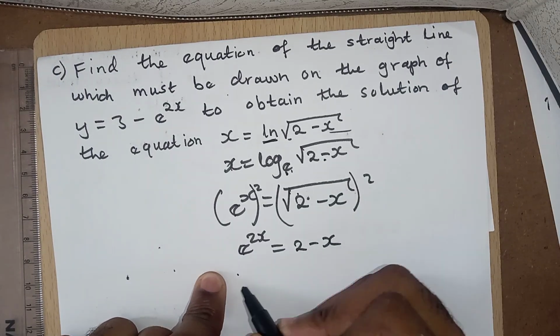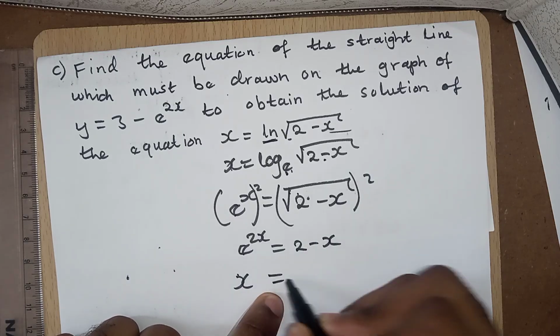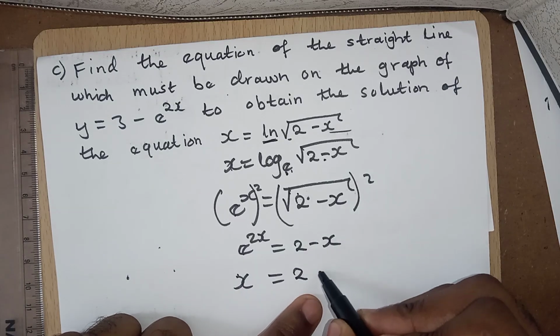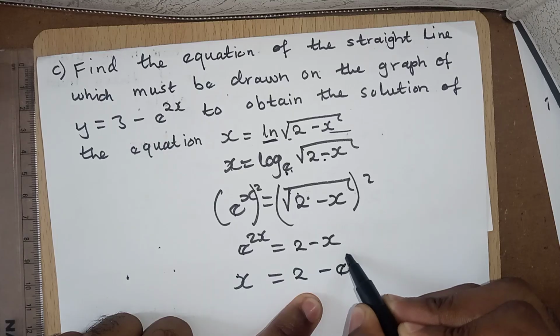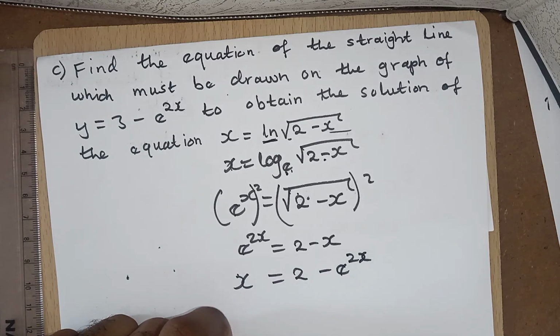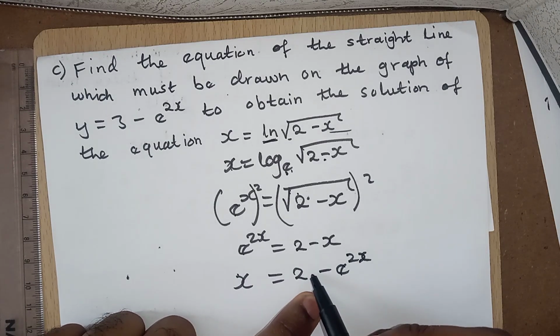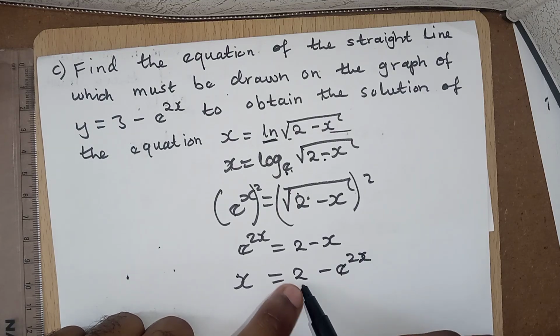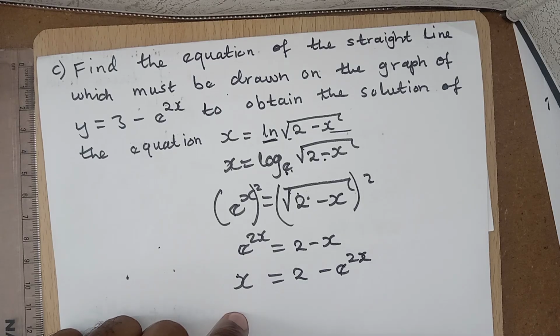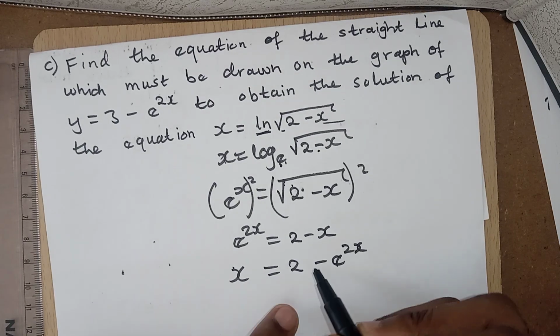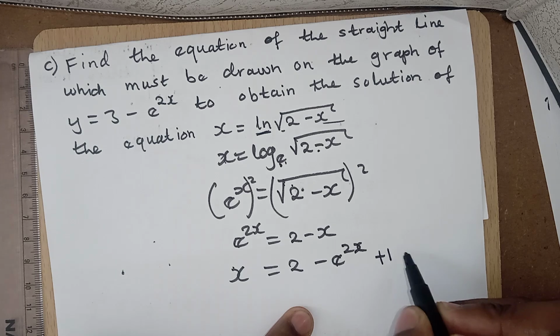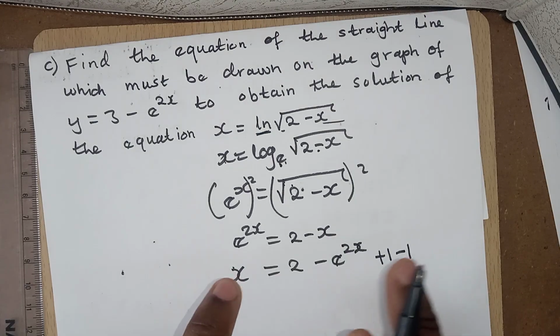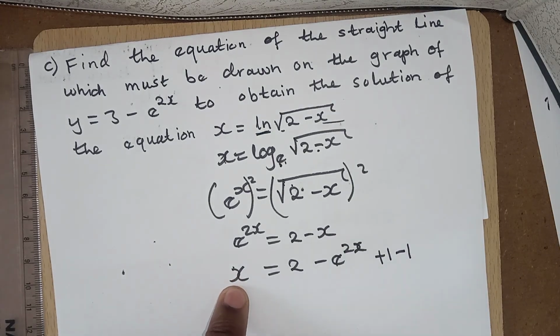Or maybe I can just take the x this side, leave the 2 here, and then we have negative e to the power 2x. So now I want a negative 3 here, not a 2. I want a positive 3 here and not a 2. So what I can do here is I can either add and subtract a 1, or I can add the 1 to both sides.